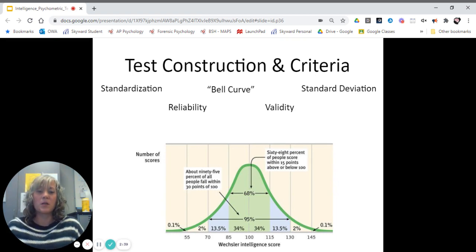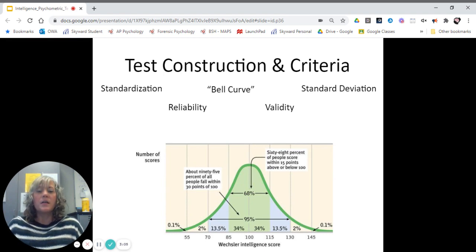If you remember, standard deviation is the mathematical degree to which scores vary around the mean. So if your mean is 100, and in a normal curve your mean, median, and mode are the same score, then what they're looking for with standard deviation is where we find that 68% and that 95% distribution.